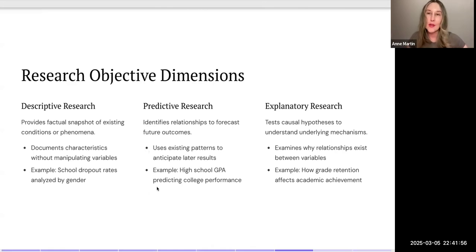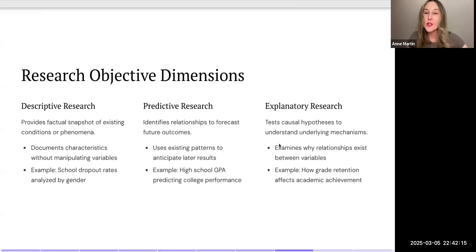So a classic example of that is high school GPA predicting college performance, or standardized test scores like SAT predicting college performance, or the GRE and performance in graduate studies. So there are studies that look at those relationships.